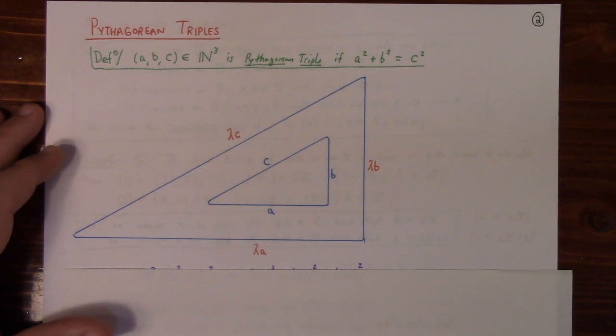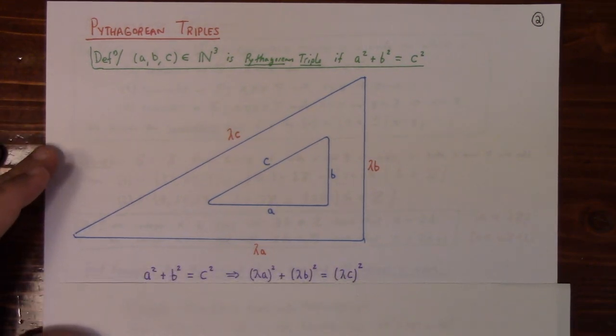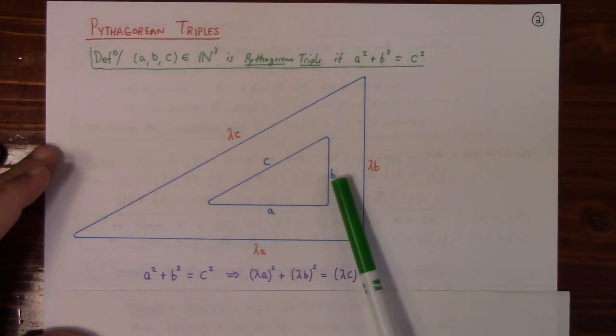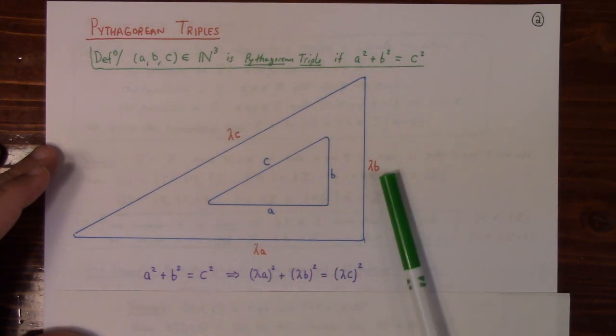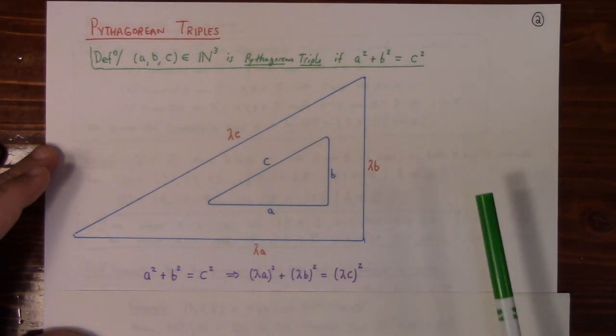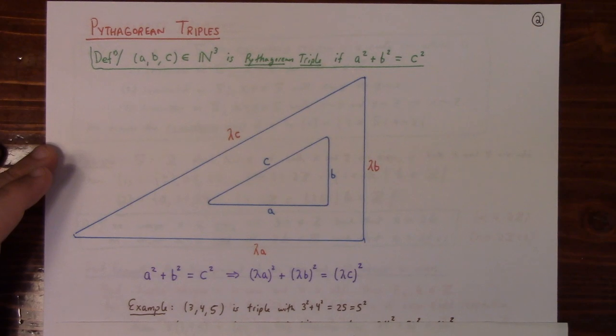Geometrically that's clear, similar triangles. But it's also clear from the Pythagorean theorem that if a squared plus b squared is equal to c squared, then (lambda a) squared plus (lambda b) squared equals (lambda c) squared, the same equation, right? So what does that mean? That means that if we have one triple, a, b, c, we can get another one, lambda a, lambda b, lambda c. For example, 3, 4, 5 is a Pythagorean triple.